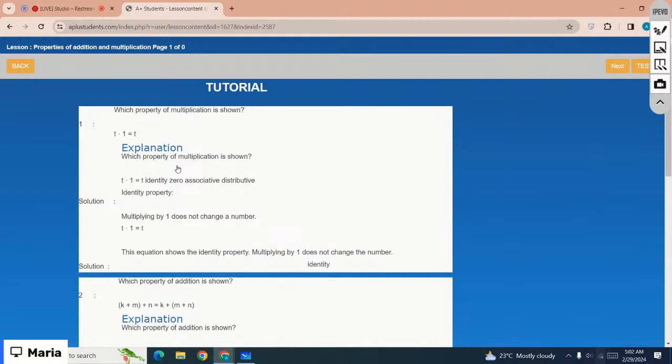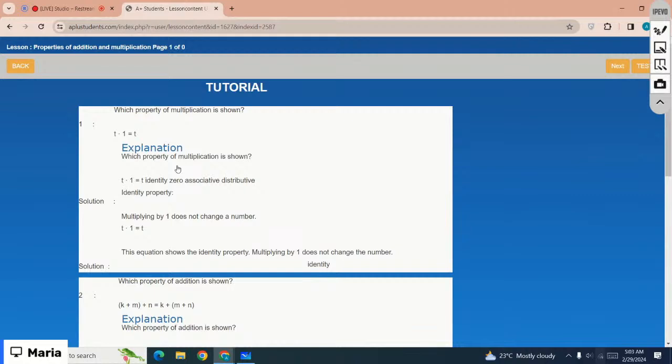Which property of multiplication is shown? T times 1 equals T, right? You multiply T by 1 and the answer is exactly T. So this is known as the identity property.